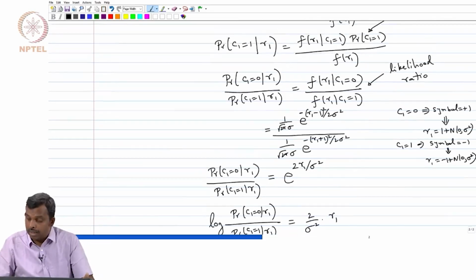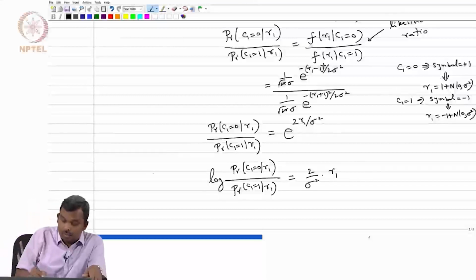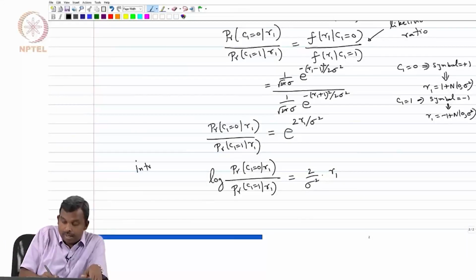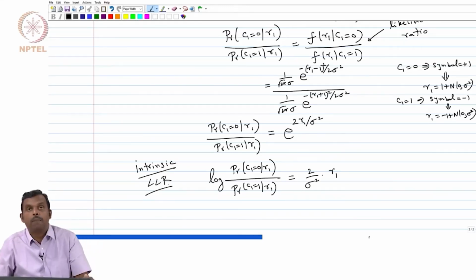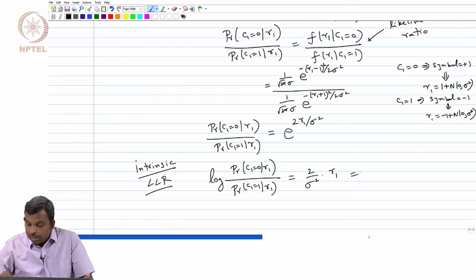So this is the log likelihood ratio, and this is the intrinsic LLR. You can see it's proportional to R1. This is R1 into a positive factor.